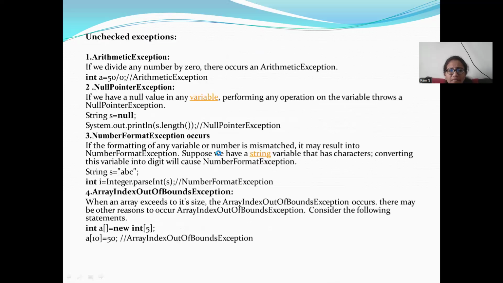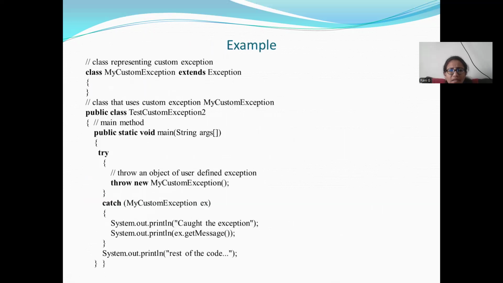But here, whenever we create a user-defined exception, compulsorily we need to extend it from the Exception class, which is available in the java.lang package. So this is the custom exception, that is, a user-defined exception. The name of the exception is MyCustomException, or you can create any name. You are creating your user-defined exception.